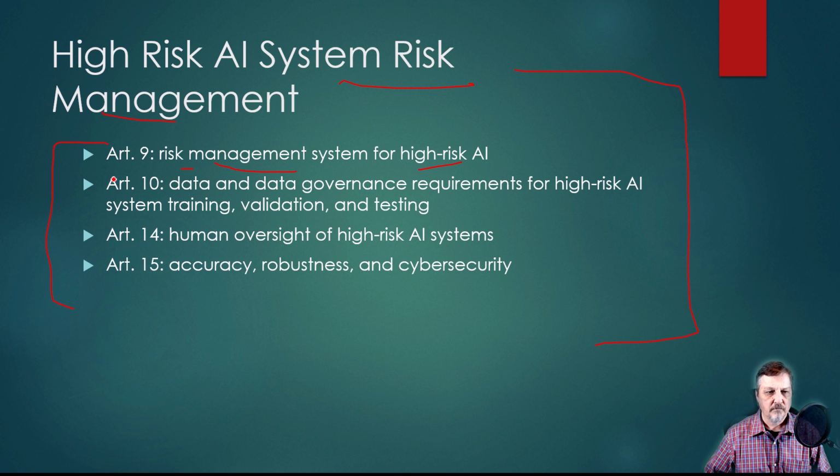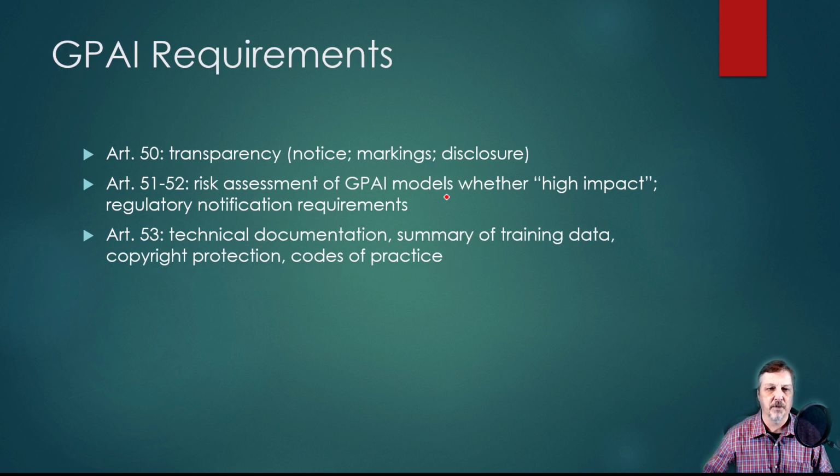And there are requirements on training, validation, and testing of the training data, a requirement for human oversight, requirements about security and accuracy. Notice how all of these requirements can sort of map onto the AI ethics frameworks that we're looking at this week and that I talked about in the other video that I posted.